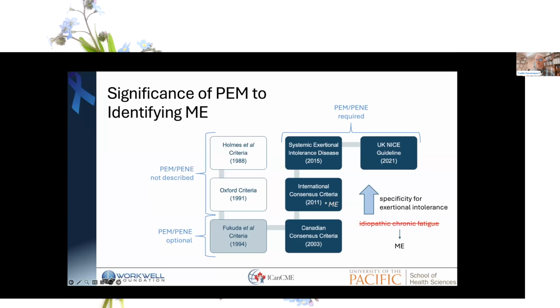And this is important because, again, it increases the specificity for identifying exertional intolerance. We get away from that label that we talked about at the outset as being pejorative, the topic of gaslighting, which is idiopathic chronic fatigue, or CFS. And we're really talking about myalgic encephalomyelitis. So this is a cohort that we're able to focus in on.